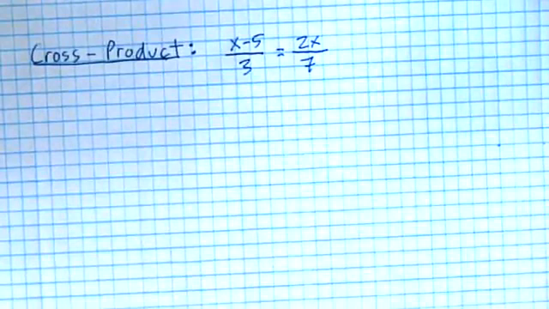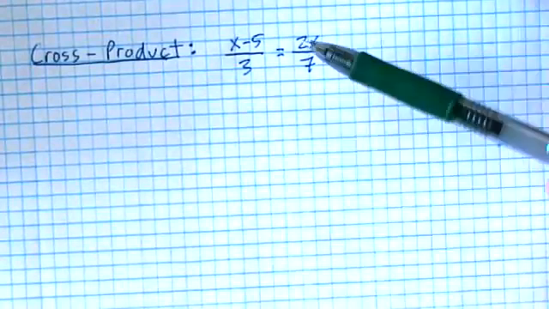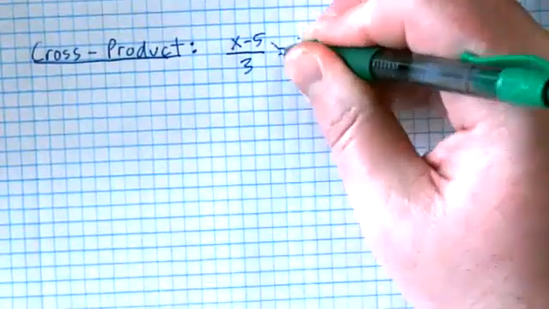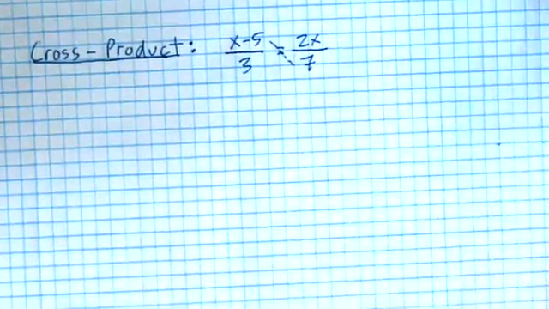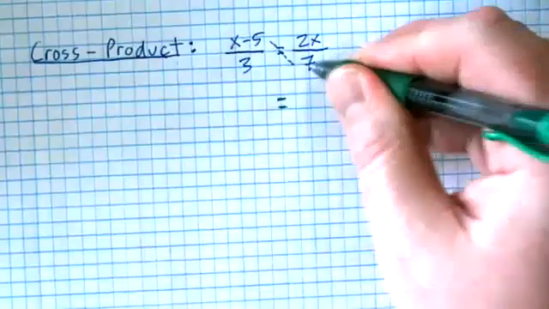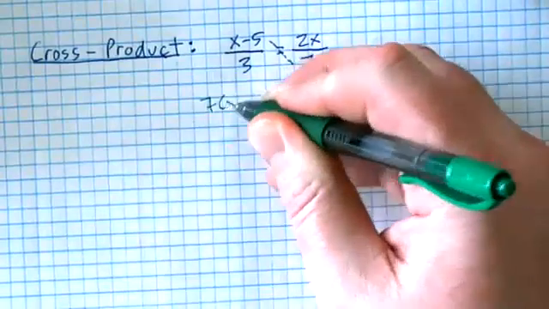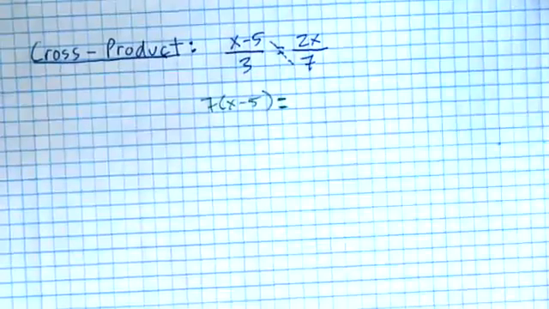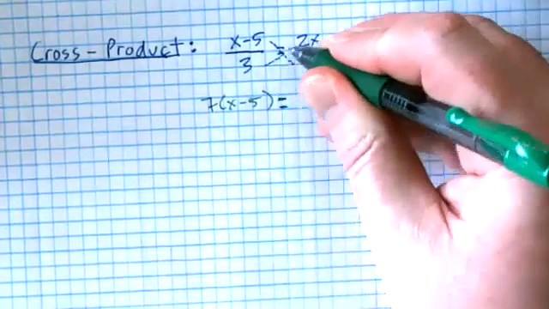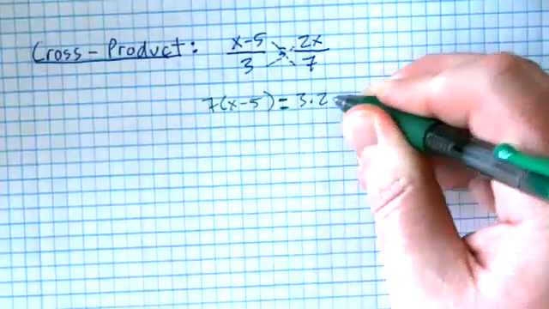So just in case you're not comfortable with this, let me remind you that there's this thing called a cross product. It only works on a certain type of equation that's in this format. Basically what you do is multiply across the equal sign, and that creates a new equation. So I'm going to multiply the 7 by the x minus 5. That goes on one side of my equal sign. And I'm going to multiply the 3 times the 2x, and that goes on the other side.